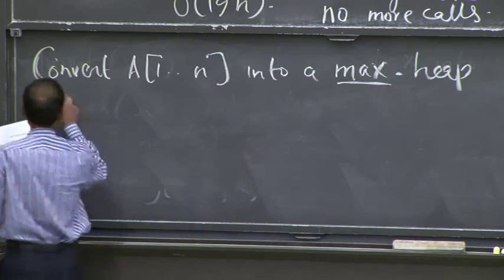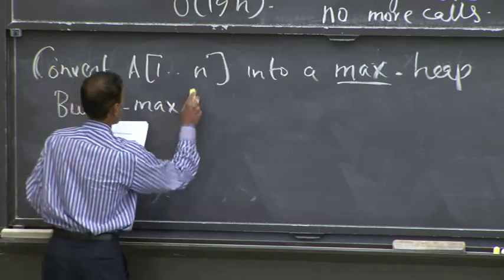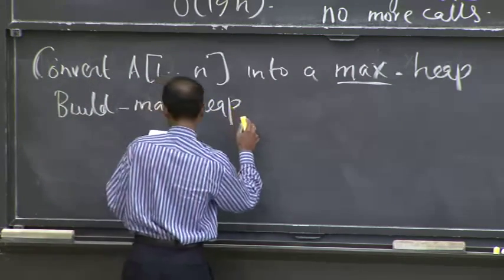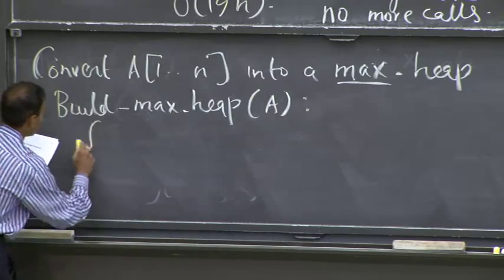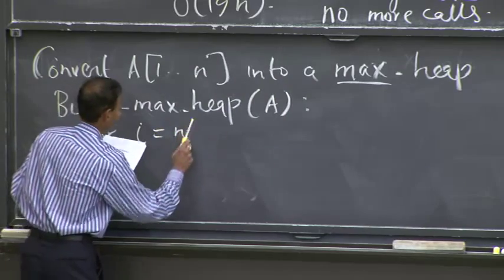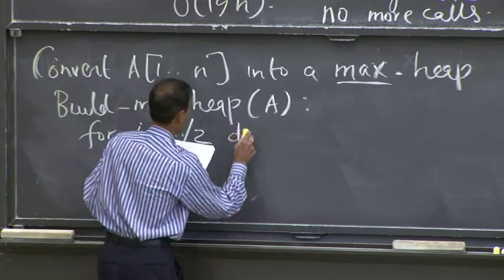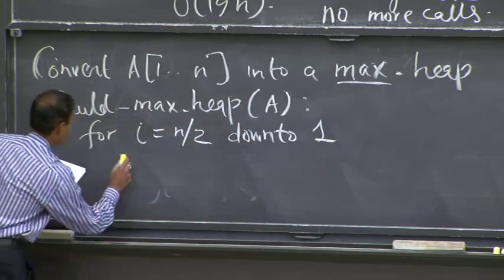And I'm going to write the pseudocode for build max heap, because it's 2 lines of code. And that's about the limit of the size of program I can really understand, or explain, I should say. And this is what it looks like.